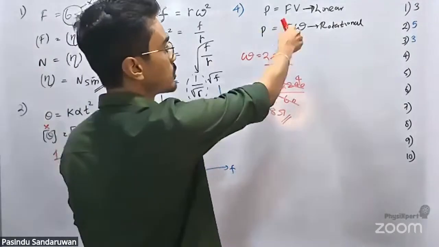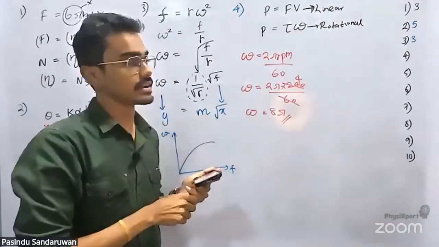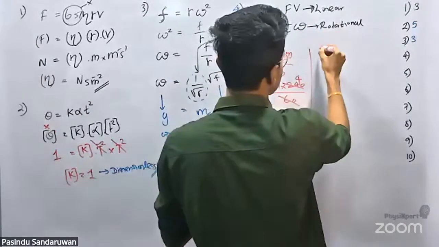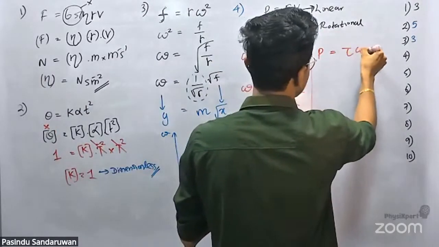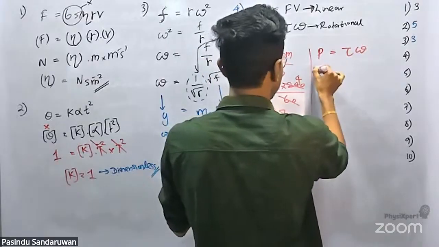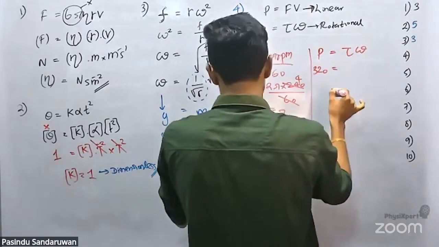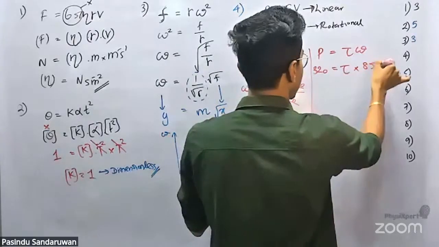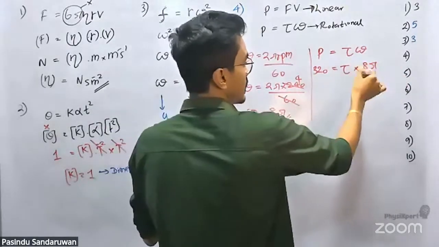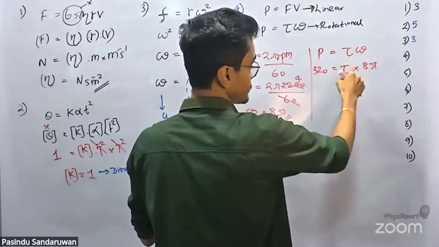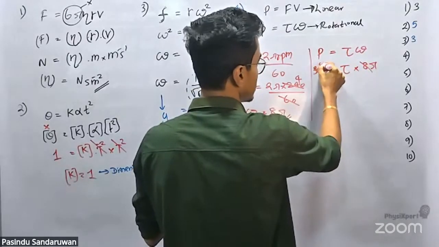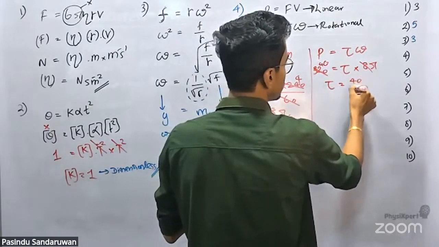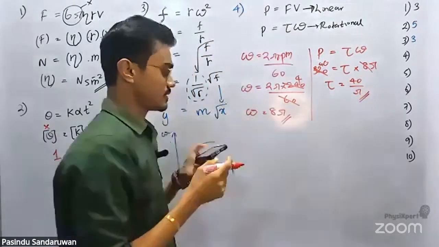Now, if power and omega are known, torque can be determined. P equals torque times omega. P is 320, torque is what I need, omega is 8 pi. So torque equals 40 over pi.